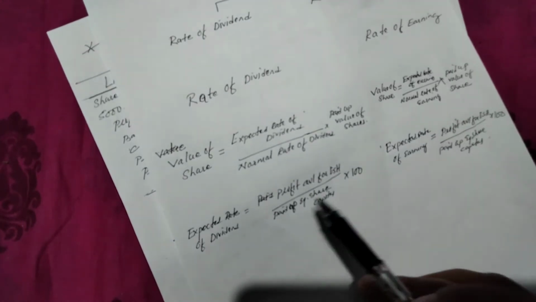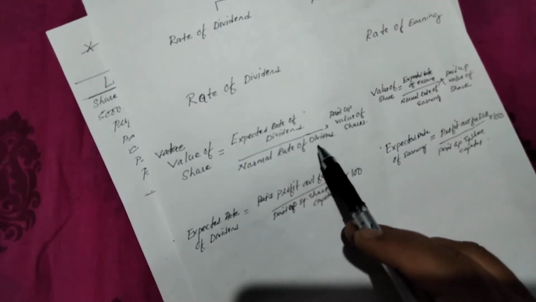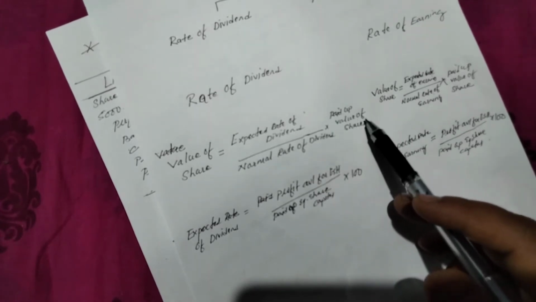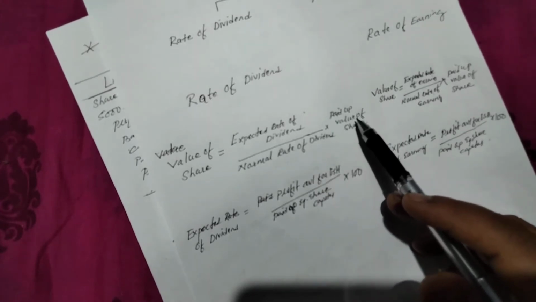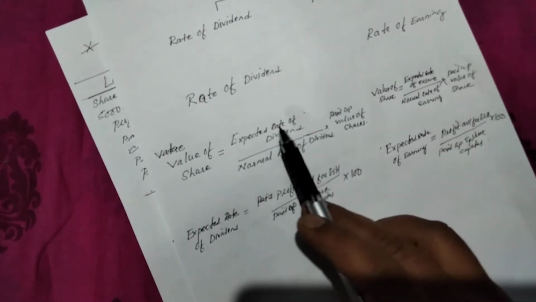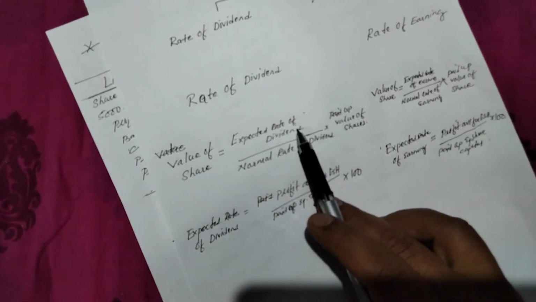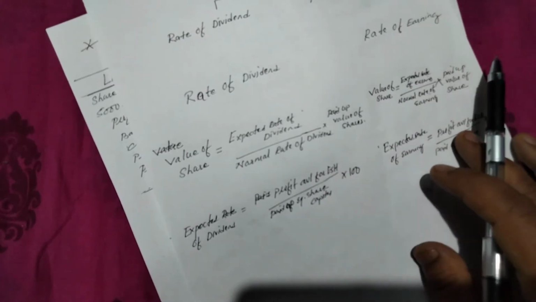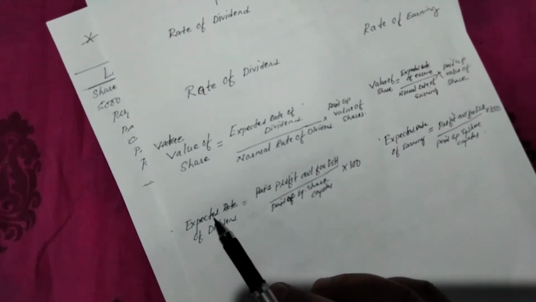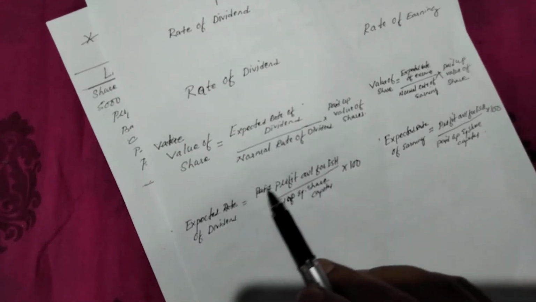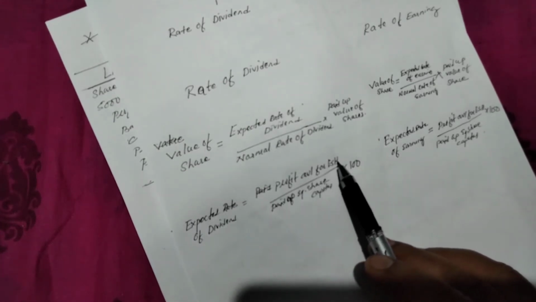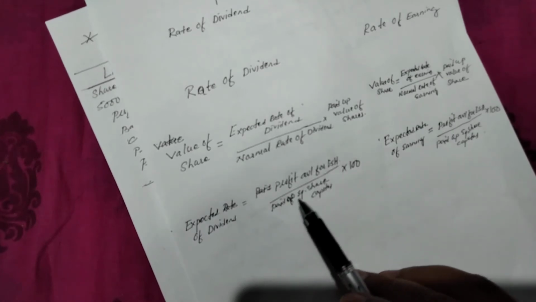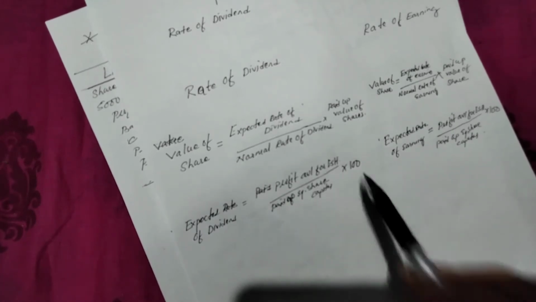Now the normal rate of dividend will usually be given in your question. Paid up value of share is also given in the question. What you need is the expected rate of dividend. So how are you going to find the expected rate of dividend? Expected rate of dividend is profit available for equity shareholders divided by paid up equity share capital into 100.